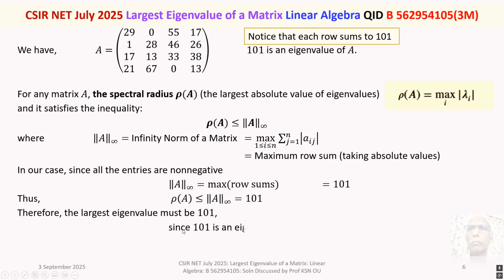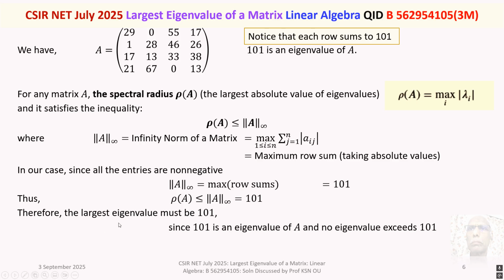Because 101 is an eigenvalue which we have already seen, and no eigenvalue exceeds 101.